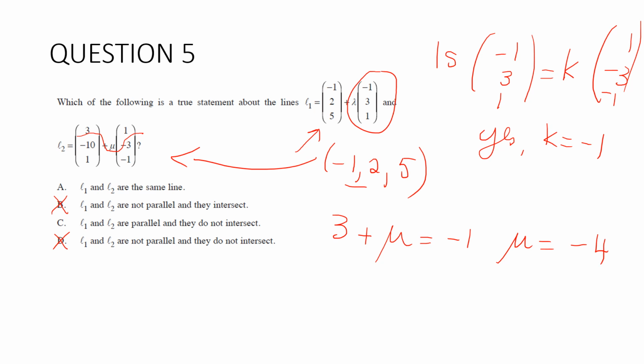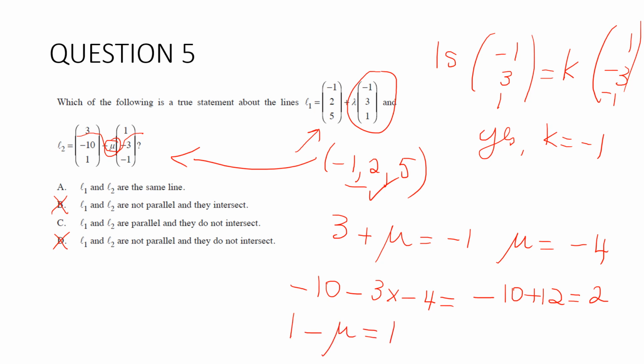All right, let's substitute mu in for the other two coordinates. -10 minus 3 times -4. Well, that is equal to, what is that? -10 plus 12 is equal to 2. Correct. And then finally for the z coordinate, 1 minus mu is equal to 1 take away -4, which is equal to 5, which is correct. And so because this point lies on L2, L1 and L2 are the same line, and so the answer is A.